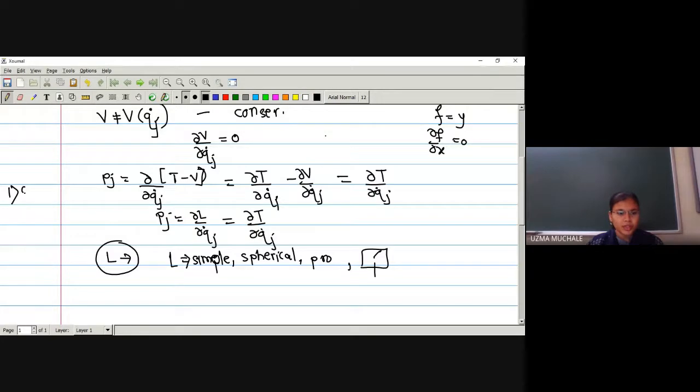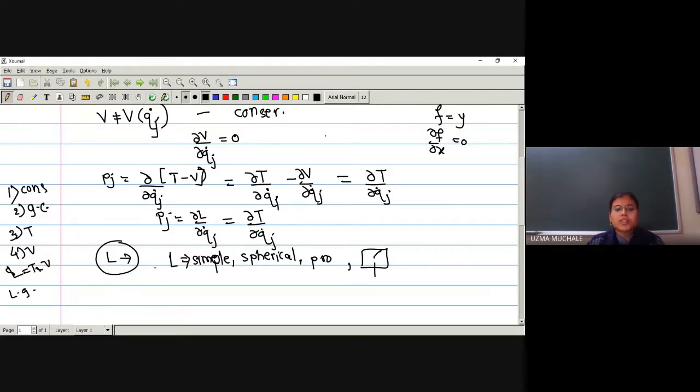First, we find the construction. Next, we find the generalized coordinates. After finding the generalized coordinates, we find out T, then we find out V, then we construct L is equal to T minus V, and then we find the Lagrange's equations of motion depending on the number of generalized coordinates.